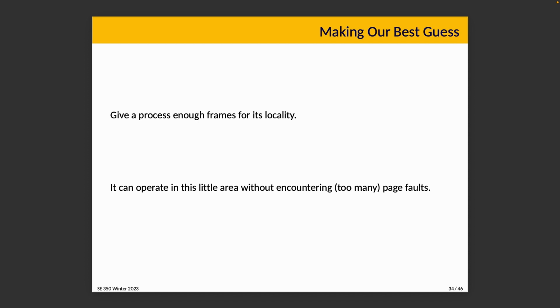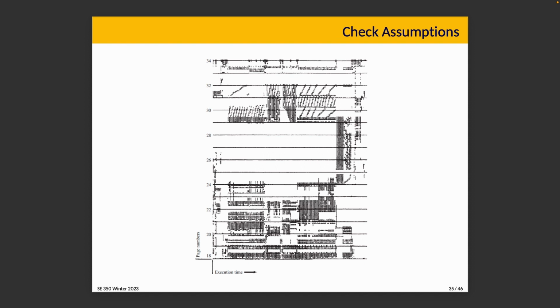Now, the question that I ask is, does the principle of locality actually hold? We don't have to verify that for ourselves. There is a reference here, a graph showing the locality of memory accesses, with execution time going from left to right along the bottom.